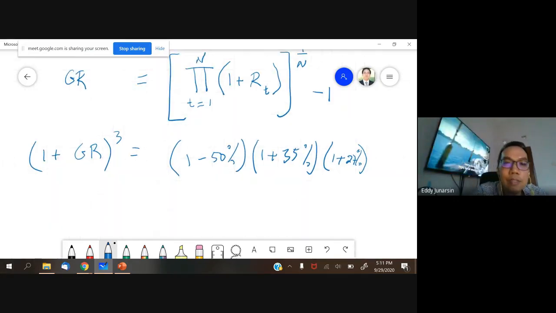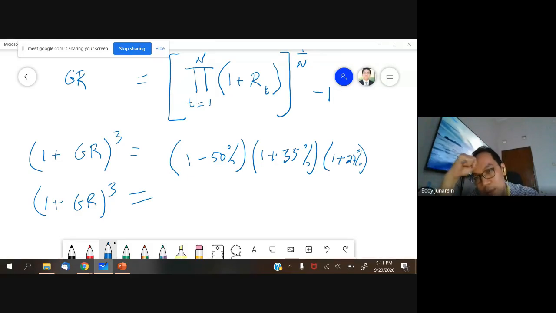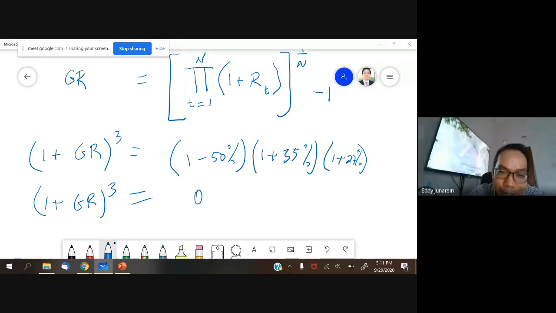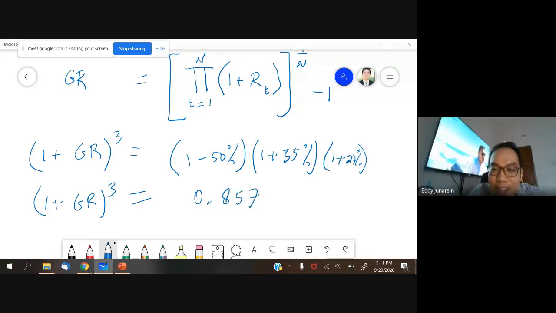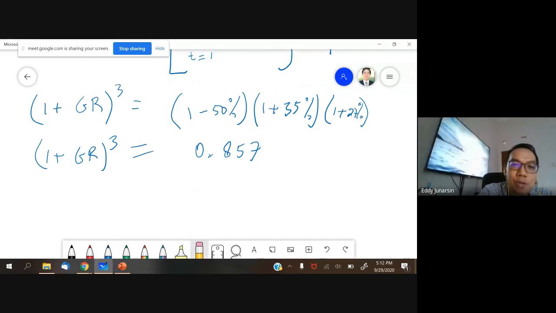Can you calculate quickly? How much is it? Is it 0.85? I don't know, maybe. 0.85725, yeah, 7 something. So you move the 3 here, to the power of 1/3.